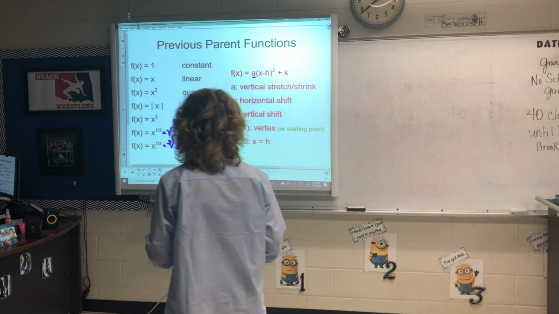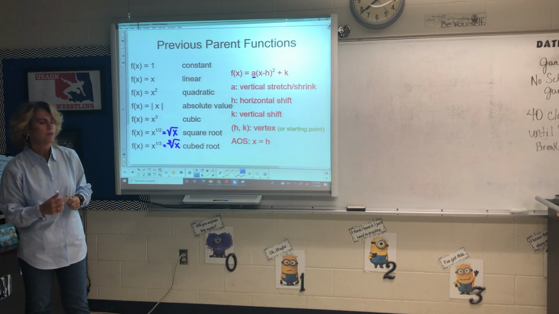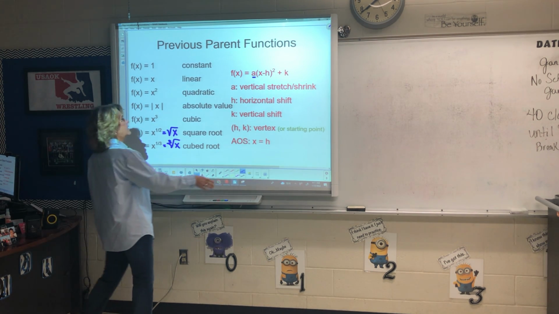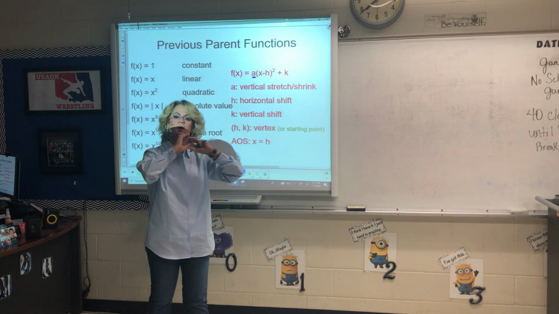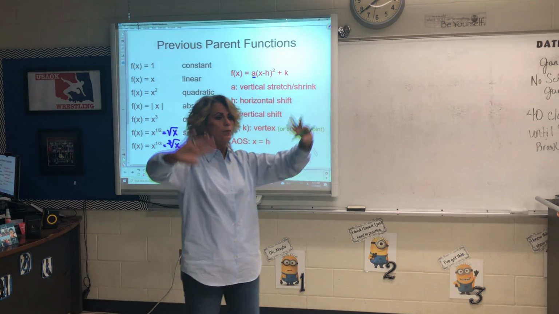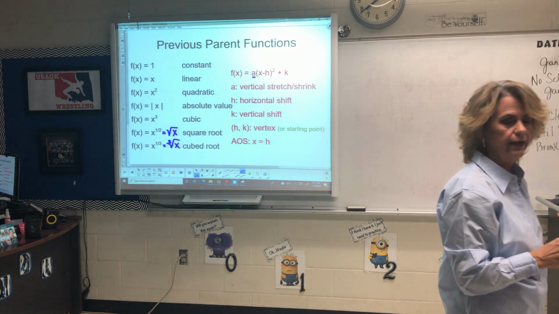And just like our vertical shift, we would have a vertical shift up or down of however many units it is. Don't forget about our vertex. Our vertex is our turning point in our parabola. It either opens up, and our vertex is our min, or it opens down, and it is our max, okay?